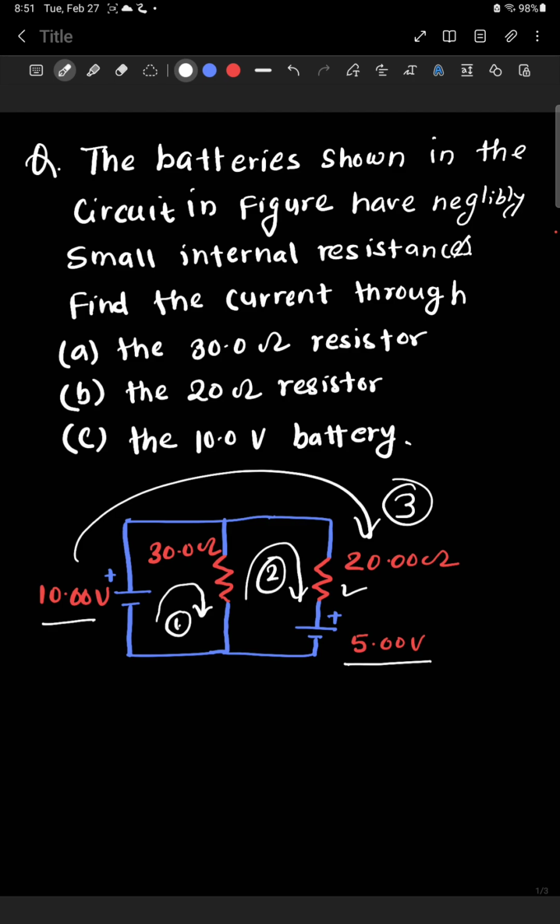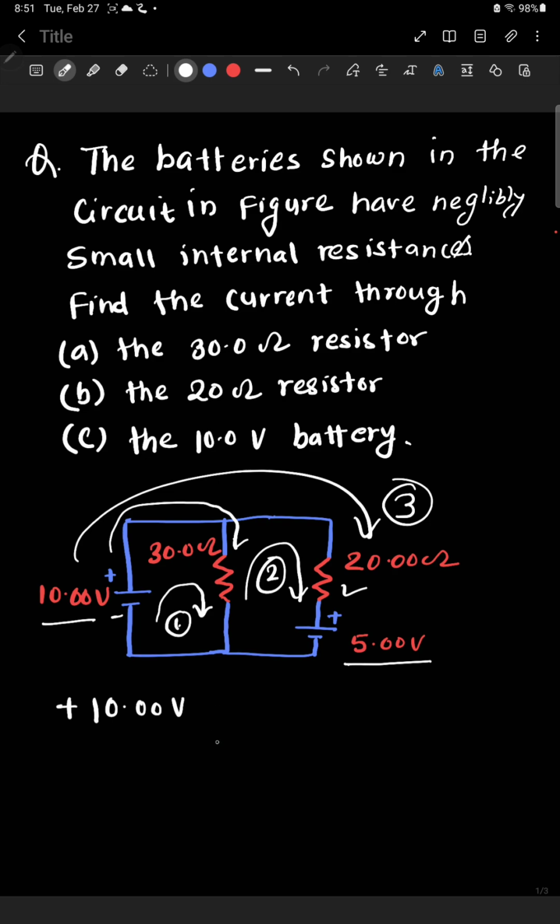So let me write down the equation for the first loop, loop number one. When you go from the negative to the positive of the battery, the EMF will be positive. So I'm writing 10.00 volts as positive. And going from here to here, this is the first resistance.